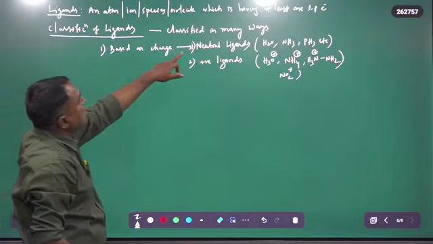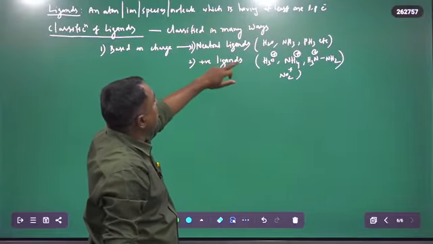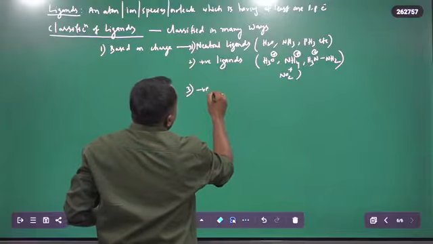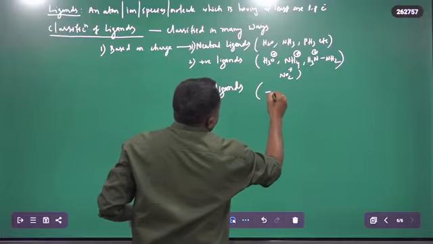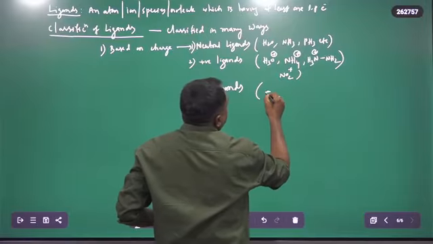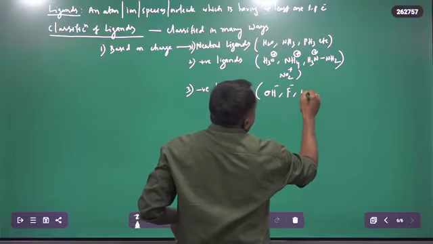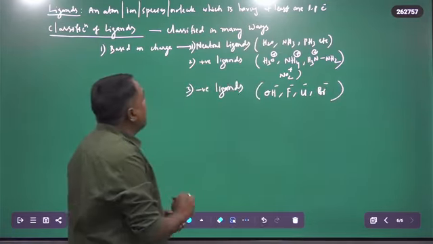So based on charge, ligands are divided into neutral ligands, positive ligands and negative ligands. What are negative ligands? Negative in charge, for example OH minus, F minus, Cl minus, Br minus, etc. These are the negative ligands.